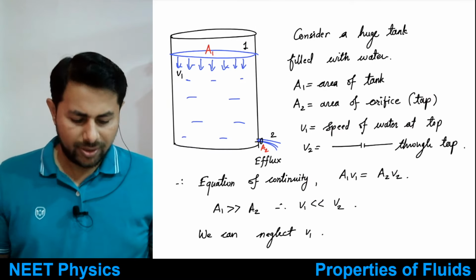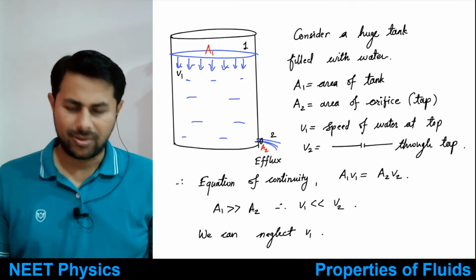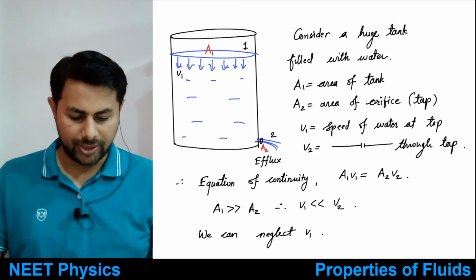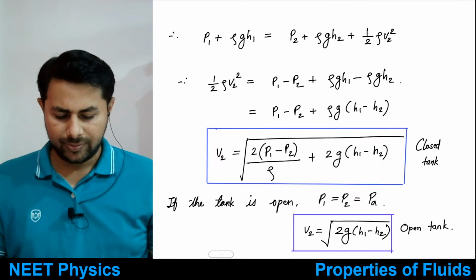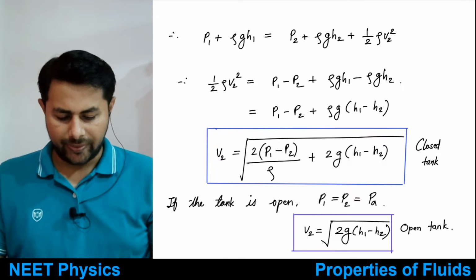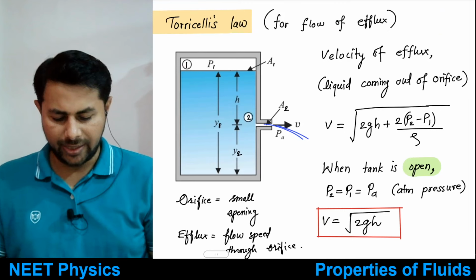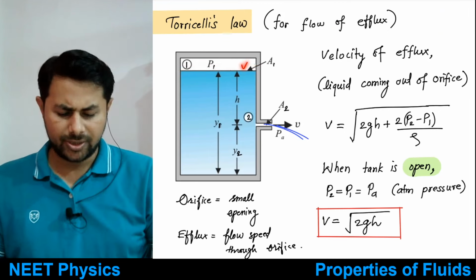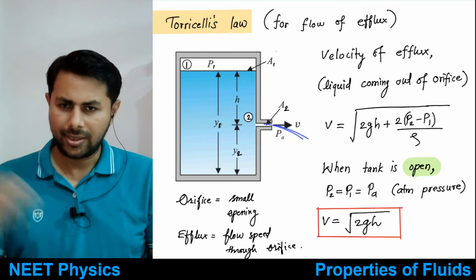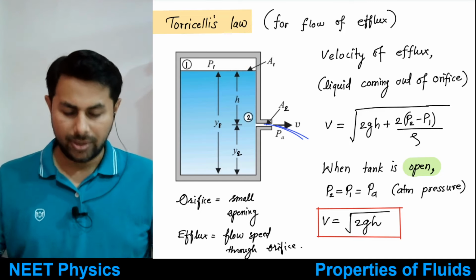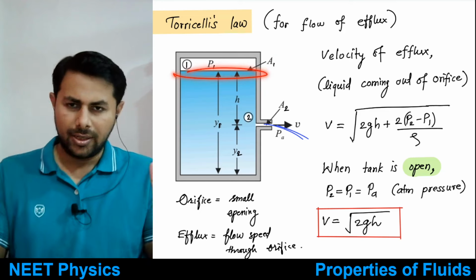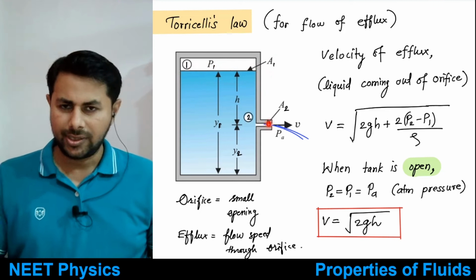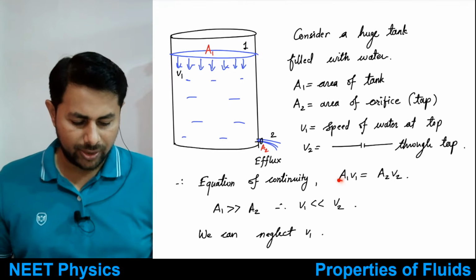So now we can prove it very easily by using Bernoulli's principle, Bernoulli's theorem. Okay, so see, what do we have? Here at the top, the fluid is steady. The velocity of the fluid is so small that it's almost zero. How? Because the area of this tank is so big compared to this area, and you have the equation of continuity.